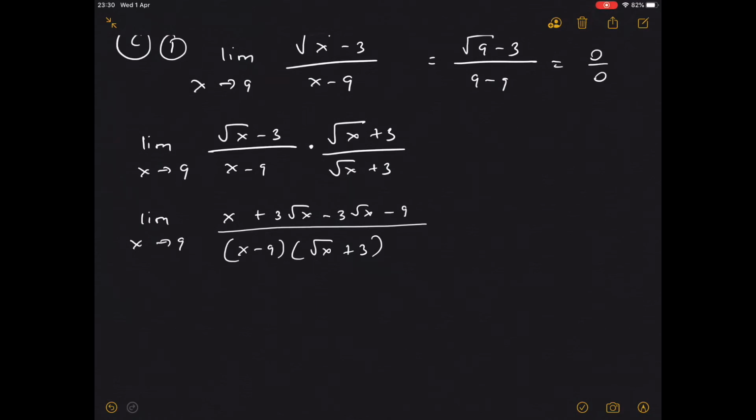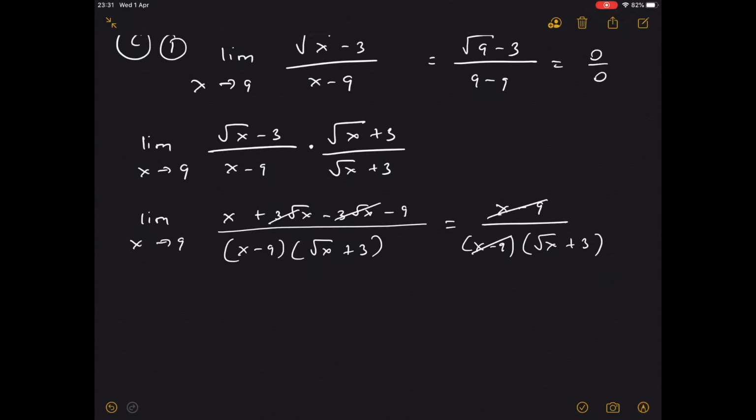So you will get here 3 root x minus 3 root x. This one will become 0. So this one will become only x minus 9 in the numerator, and you will have x minus 9 in the denominator as well as the root x plus 3. Then you can cancel this one.